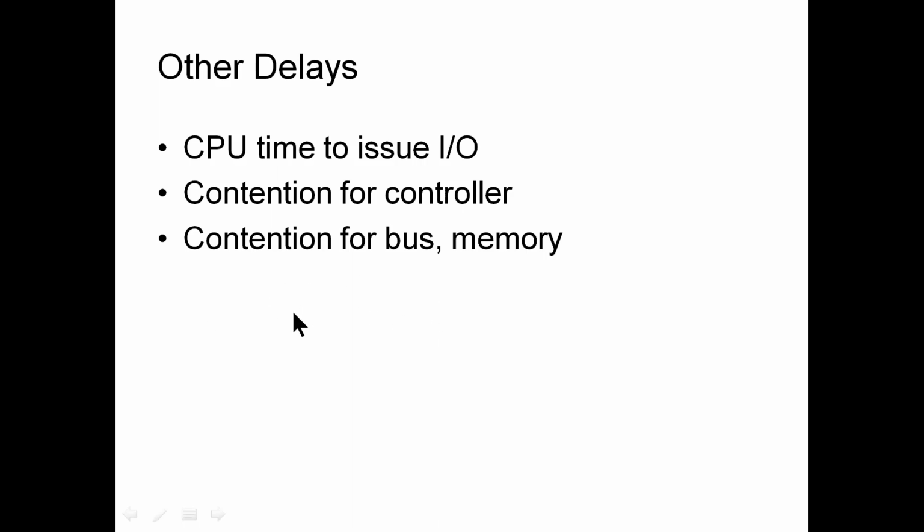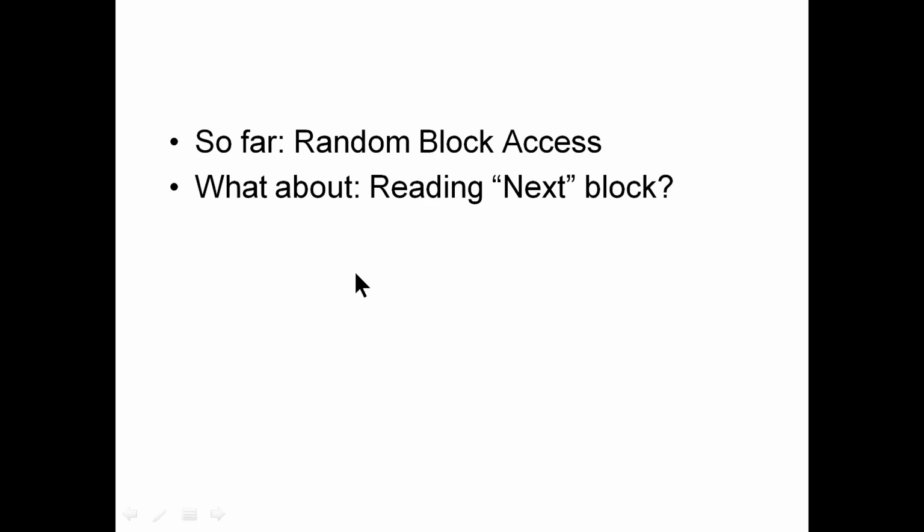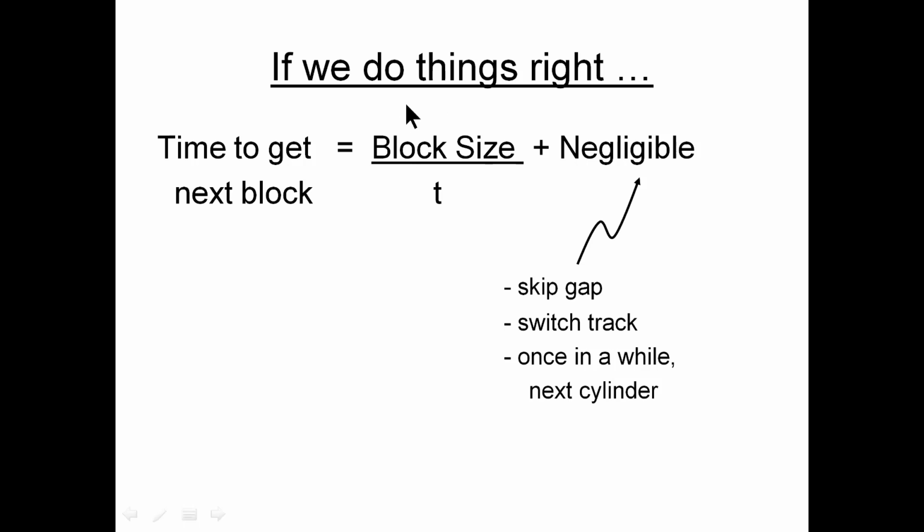So contention is a very important issue in hardware, and the typical value we generally expect is 0, so we don't consider that. For random disk access, reading the next block comes like this: if we do things right, the time to get the next block is block size over T plus some negligible time for skipping gaps, switching tracks once in a while, the next cylinder, and so on.